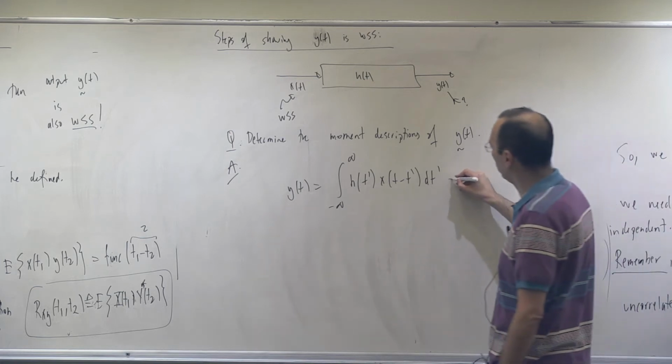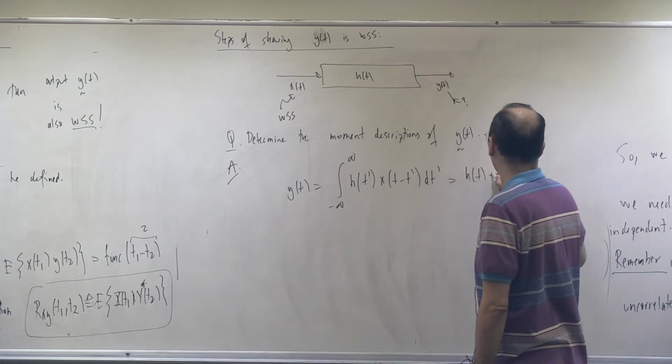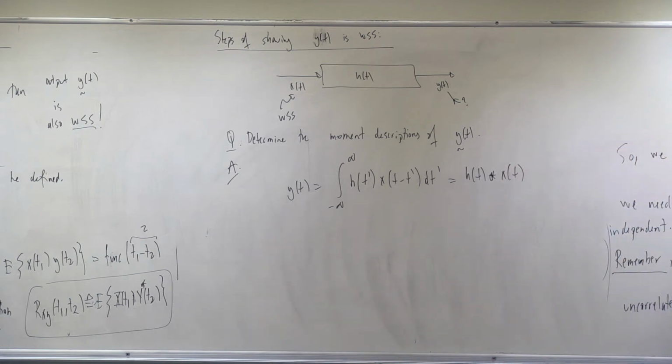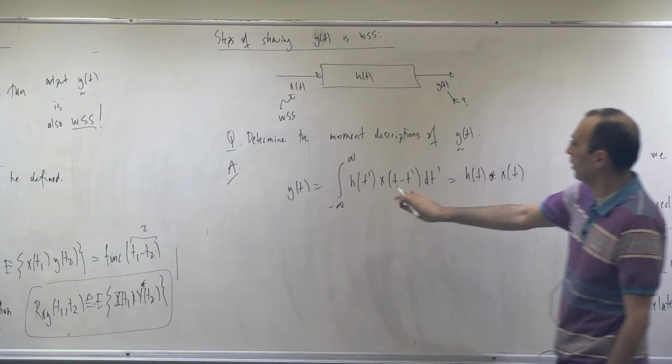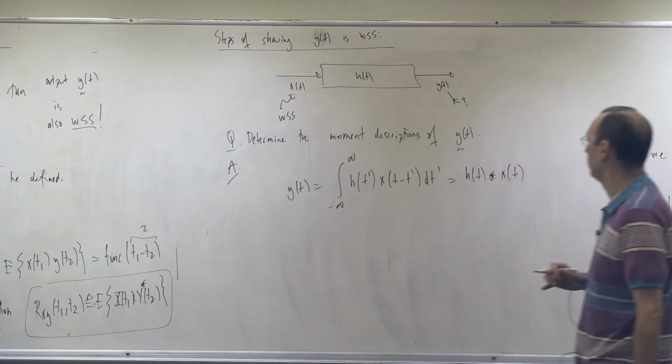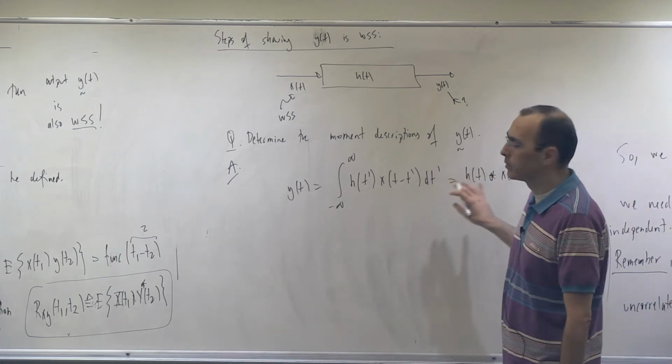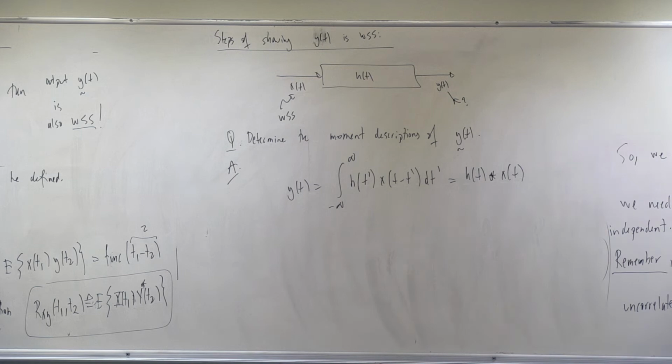This is the convolution relation, am I right? h of t convolved with x of t. This is the relation between input and output, the convolution relation in continuous time. We know lots of properties of this. They are commutative, associative, things like that, but this is good enough for our purposes.